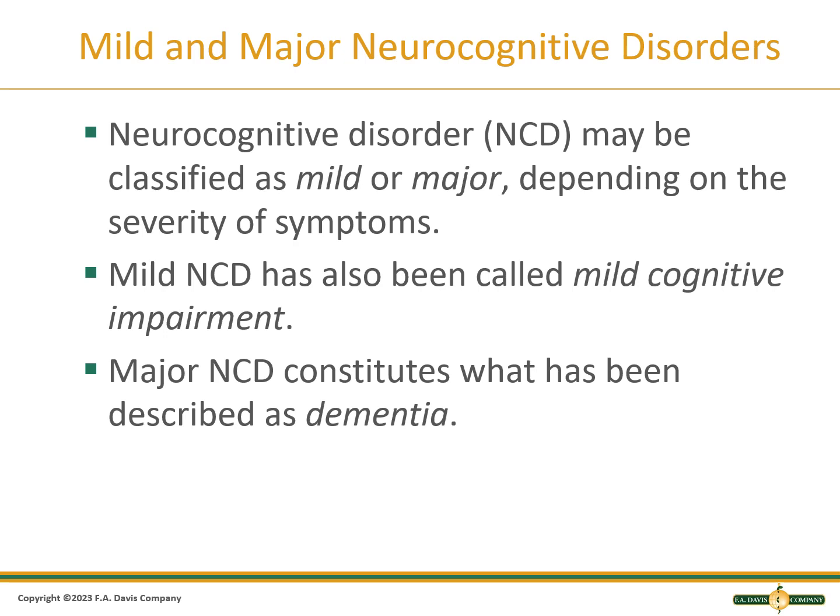Neurocognitive disorder can be classified as minor or major. It is very important to pick up when someone has a mild cognitive impairment because that's when we can do some intervention to either prevent or slow the progression of the disorder.